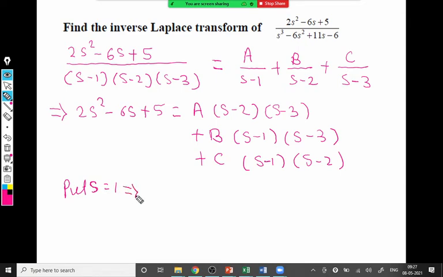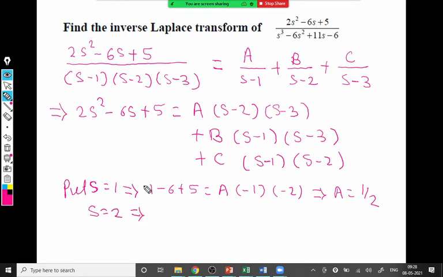If you replace s by 1, here is 1 minus 6 plus 5, that is 0 on the left, and it is equal to a into (1 minus 2)(1 minus 3), which is a times 2, and you get a as 0... so put s equal to 2.